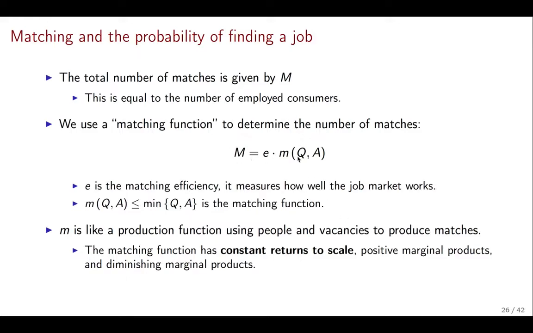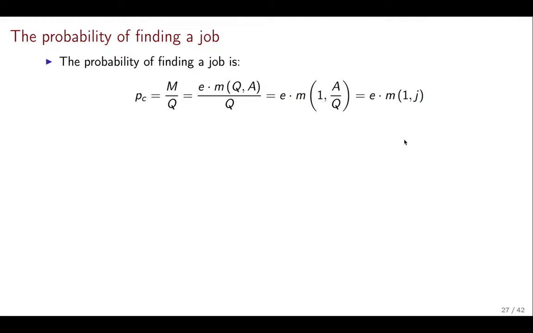Now, how do we go from this definition of the number of matches to the probabilities? Well, it's going to be rather simple, but it does require some care. So the first thing is the probability of finding a job. So PC is the probability of finding a job for a consumer. It's very easy to define it as the total number of matches. This is the total number of people who find a job relative to Q, the total number of people who were looking for a job.